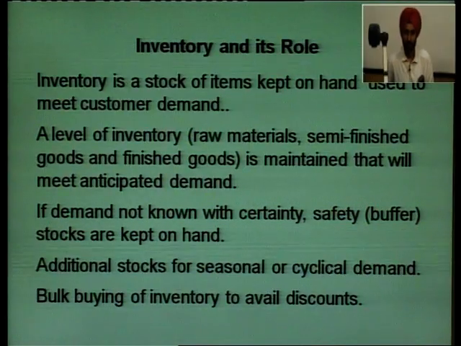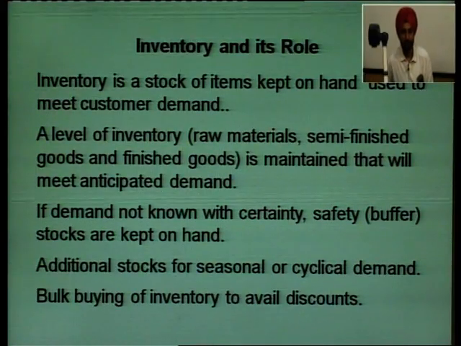So, when we talk of stock of items, then it includes raw materials, semi finished goods and finished goods. These are maintained for the future demand, okay, that will meet the anticipated demand.